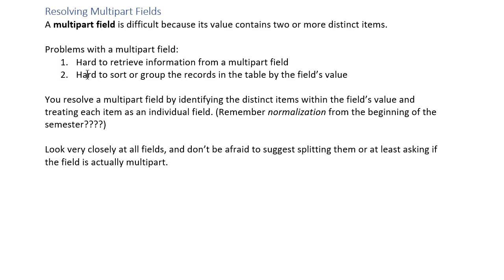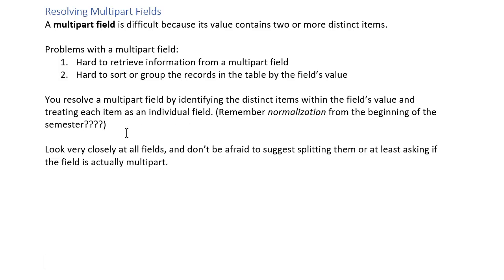It also makes it difficult to sort or group the records in the table by the field's value, because if it contains multi-part, you don't know which part the person entered first. Or, if there's 3 parts in one record, but there's 2 parts in another and 5 parts in another, how do you get it so it all sorts on a particular part? It's hard to do.